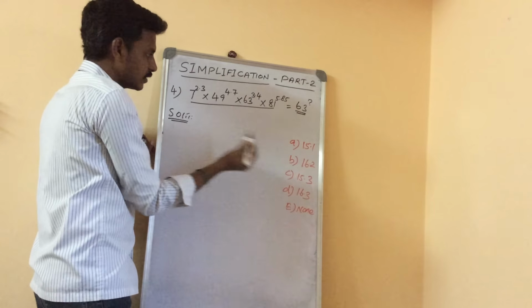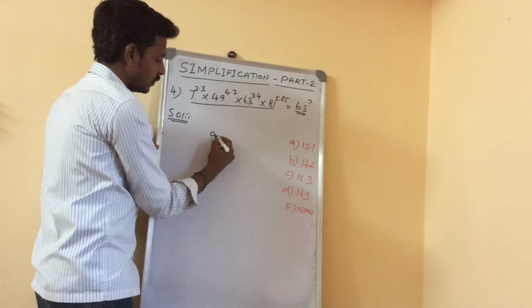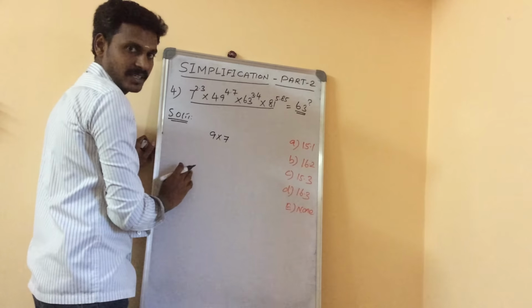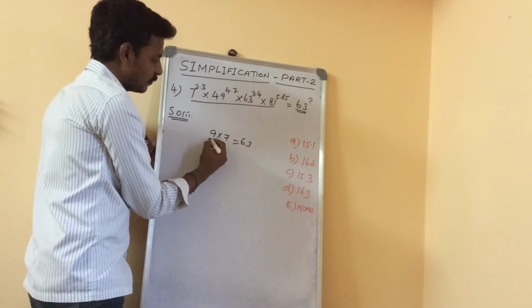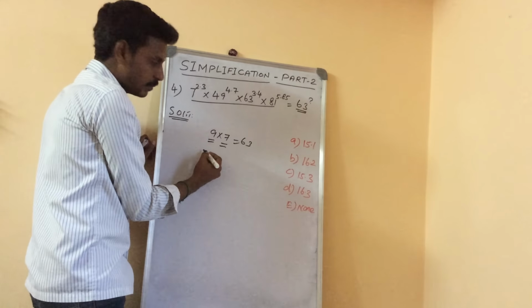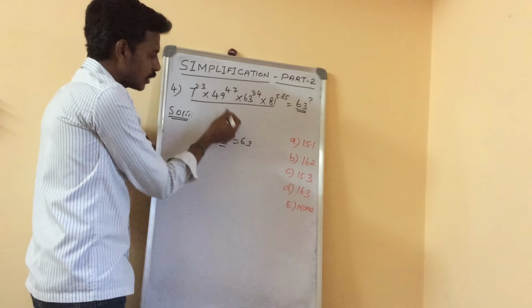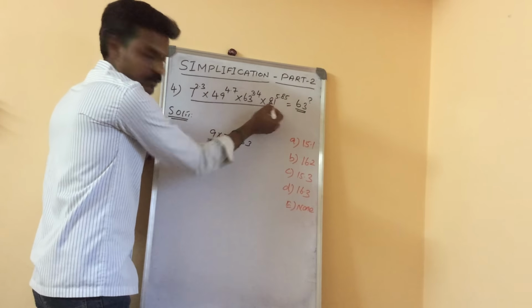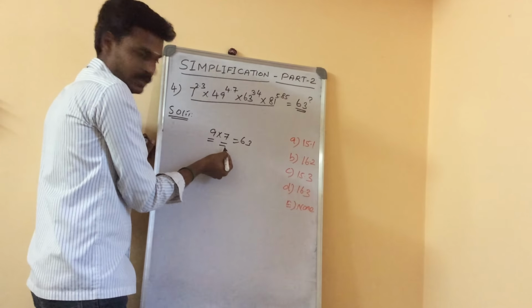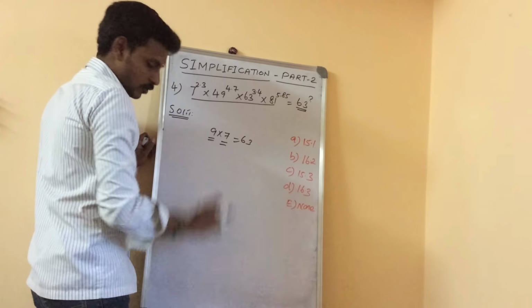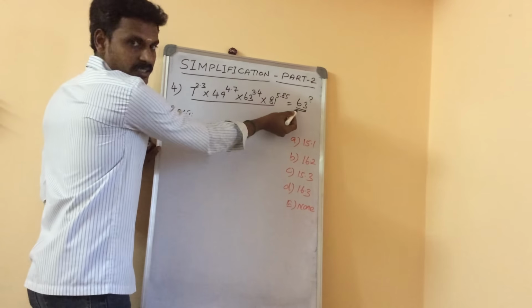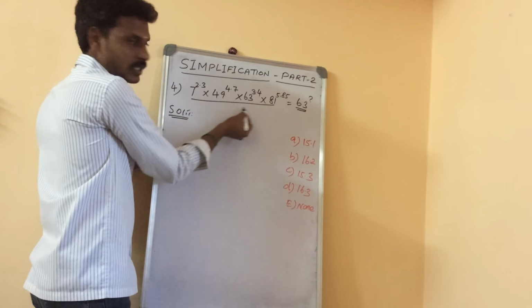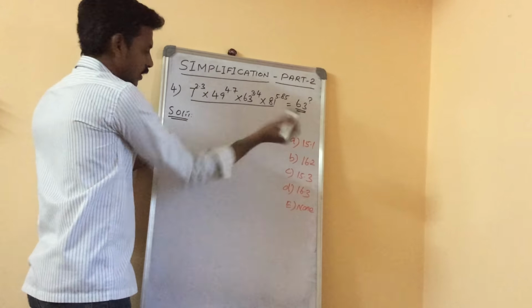So for that, instead of 63, we can use 9 into 7, right? So 9 into 7 is 63. So we can find the values with 9 power or 7 power. So we need to conclude these values come with power of 9 or power of 7, okay? Because we can't find the power of 63 in all of them.